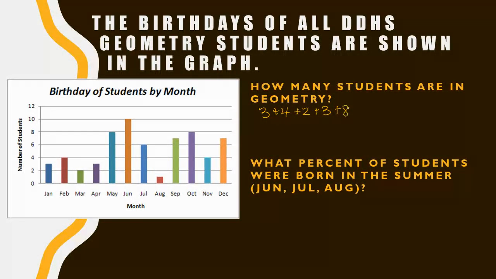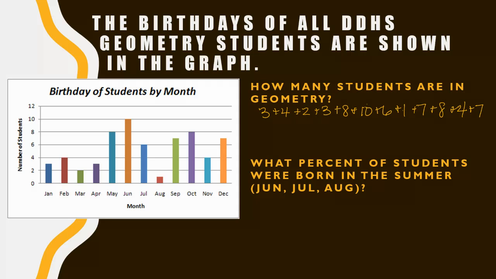In May, there's 8. In June, there's 10. July is 6. August is 1. September is 7. October is 8. November is 4. And December is 7. All I'm doing is looking at how far each bar goes up.